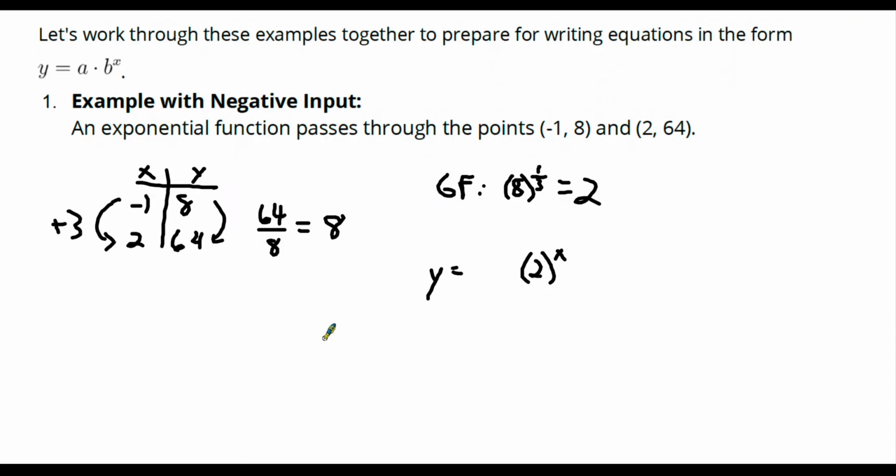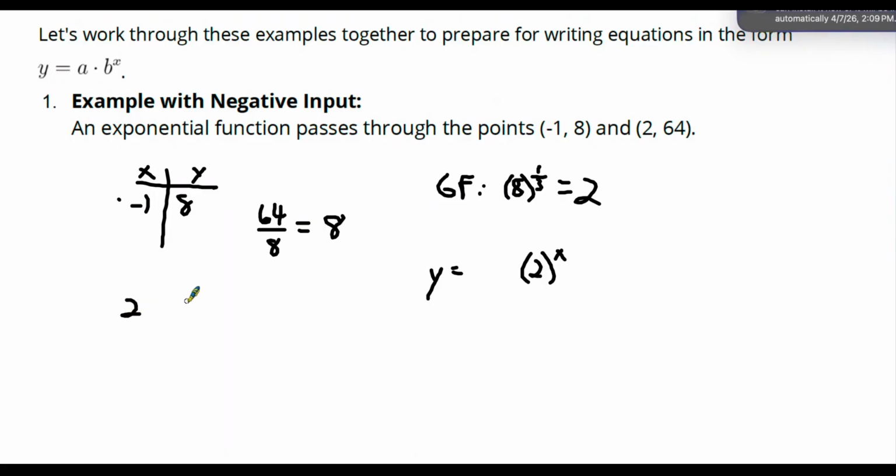Now we still don't know our starting value. Now this is where we can, let me add in some values in my table here. We can kind of think about the intermediate values in the table, right? So we know that all the way down here at 2, we've got a y value of 64. But what about these intermediate values? Well, we just determined that the growth factor every 1 is 2.